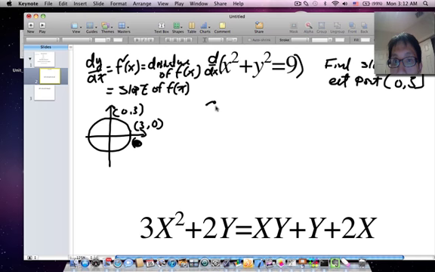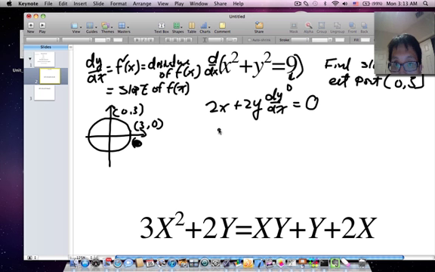So right here you're going to get 2x plus 2y, and don't forget you have to do the derivative of y, dy/dx. The derivative of any number is equal to 0, because in the past I've seen a lot of students say the derivative of 9 is equal to 9, which is completely wrong. Make sure the derivative of 9 equals 0.